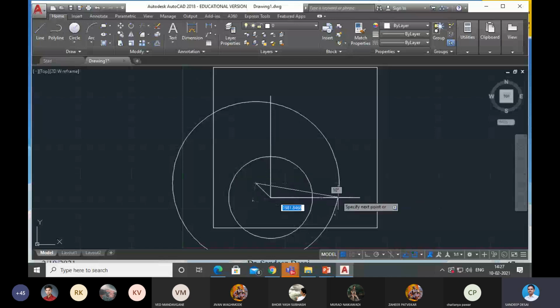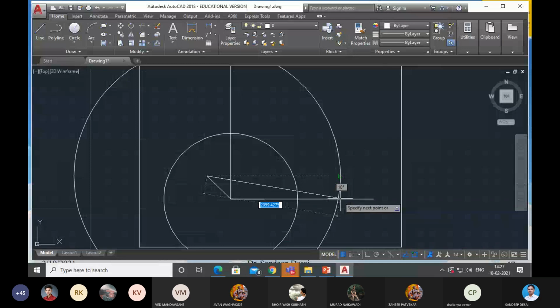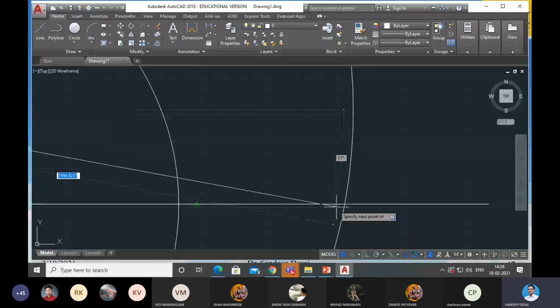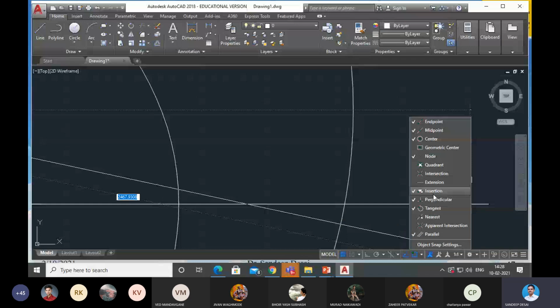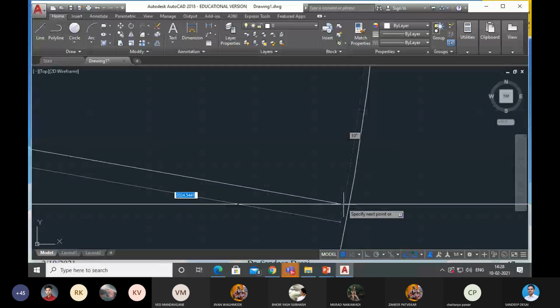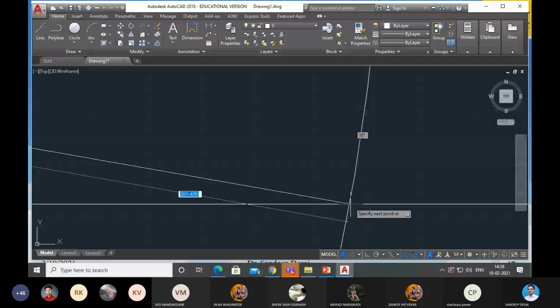We got this point. For that, I think intersection is there.